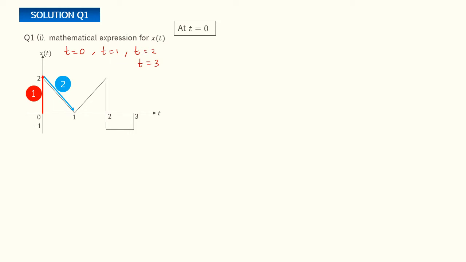At t equal to 0, you have one line in which the magnitude is 2, and then u(t minus t naught). Your t naught in this case is 0. So the equation for the line is 2u(t), in which it's pointing up, so it's positive. Next, you have the one slope pointing down, so it's negative due to the negative direction.